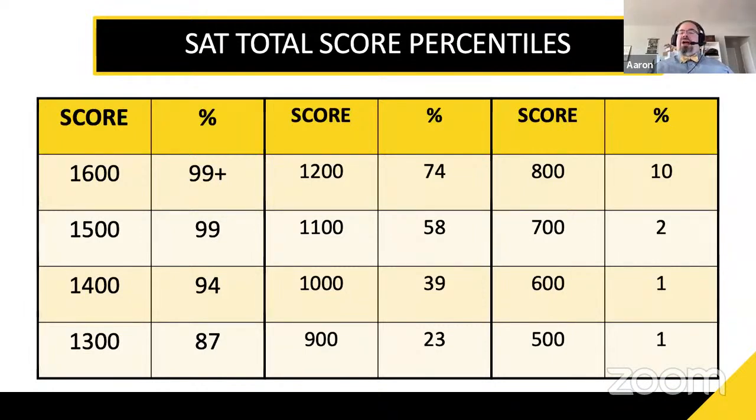A 1300 is around 87th percentile. And so all of this is why the digital SAT will be comparable. They'll be able to take the scores and make sure that they result in these sorts of percentiles.